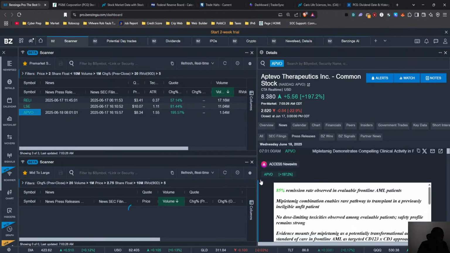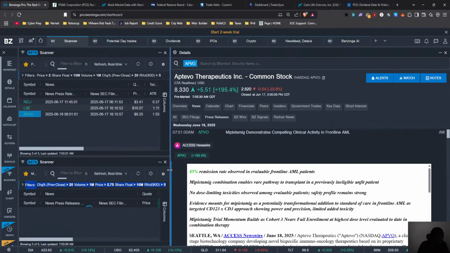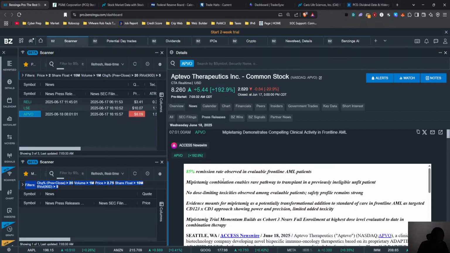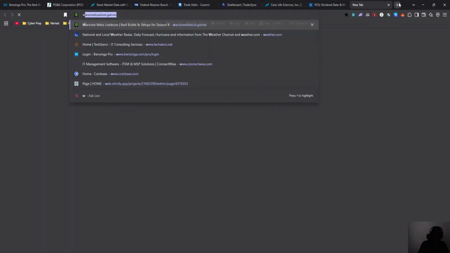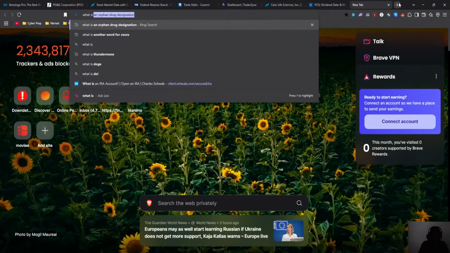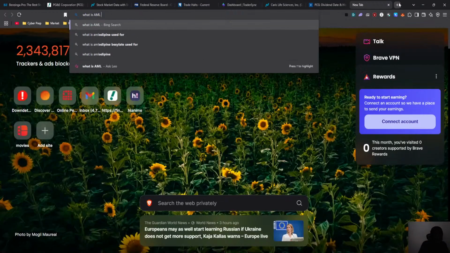APVO demonstrates compelling clinical activity in frontline AML. 85% remission rate observed in evaluable frontline AML patients. Okay, so let's first go and see what AML is.